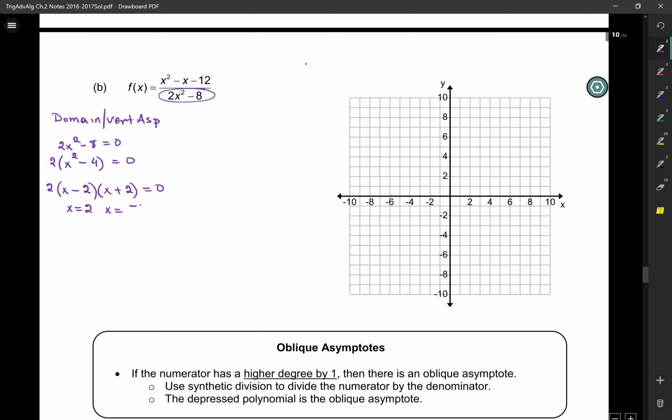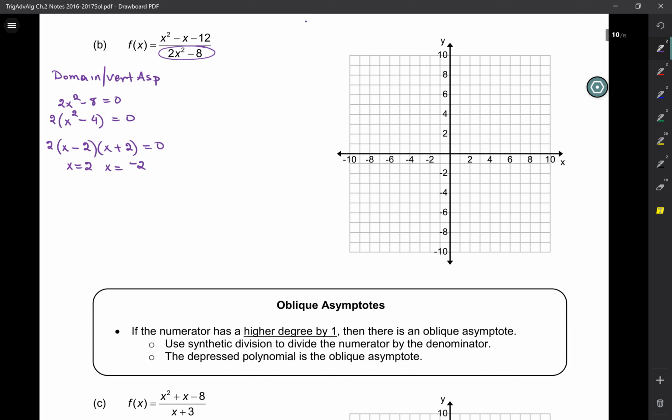Then divide by 2. Sometimes that works and sometimes that doesn't. This is one that always works. Okay, so x equals 2 and x equals negative 2. So at the same time, we've solved for two things. Now for domain, this is all real numbers except x equals 2 and negative 2.